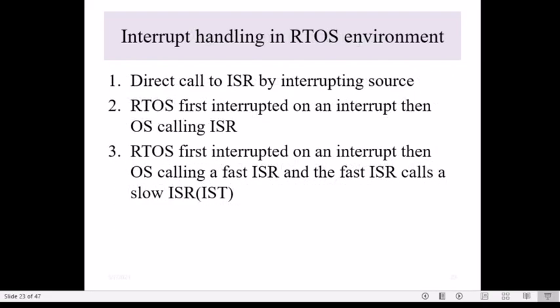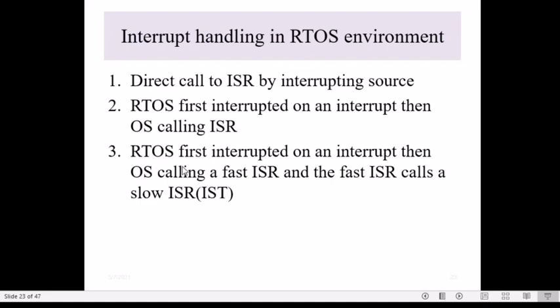How is interrupt handling done in a real-time operating system environment? There are three methods or three interrupt handling routines in real-time operating systems. The first one is direct call to ISR by the interrupting source. Second one is the real-time operating system is first interrupted on an interrupt, then the operating system calls ISR.